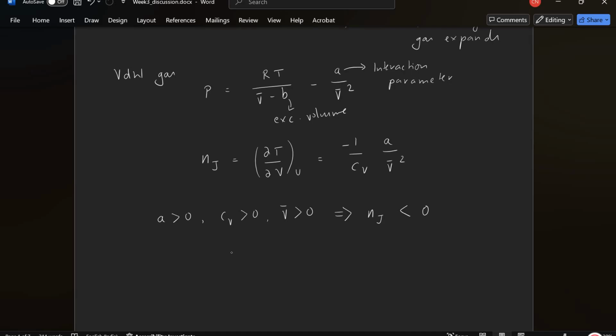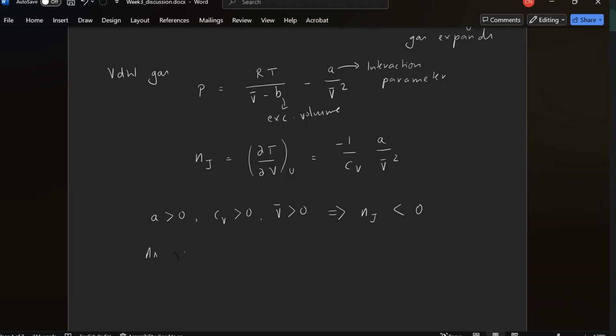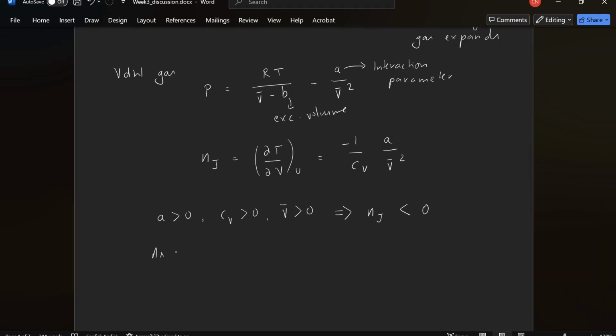What this means is, as volume increases, temperature goes the other way, so temperature decreases. So in case of ideal gas, there's no change in temperature, but for real gas, temperature decreases. All right.